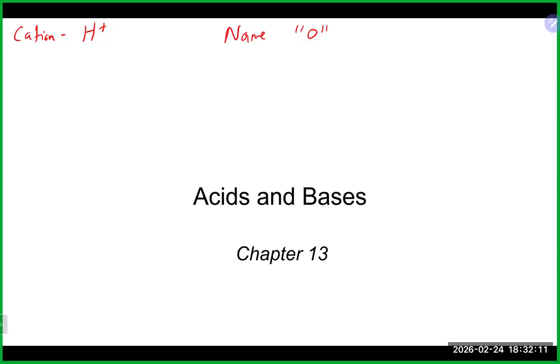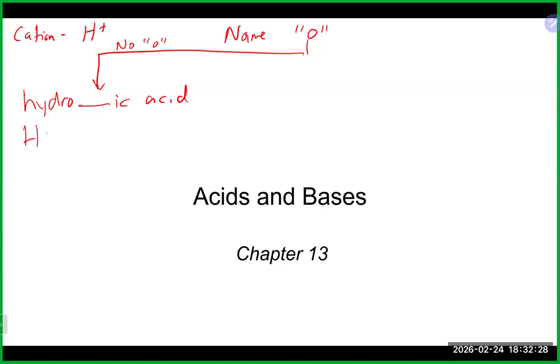When we do not have oxygen, so if your answer is no oxygen in your acid, it starts with hydro something ic acid. The missing part is the anion of our acid. So HCl, acids typically have the aqueous symbol next to them to indicate that it's an acid, and that is hydrochloric acid in that case.